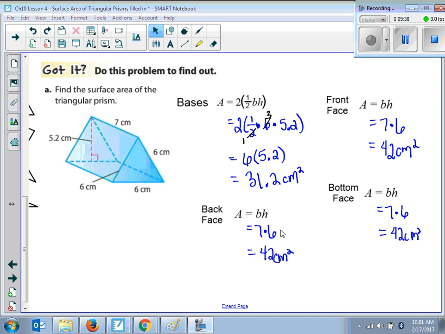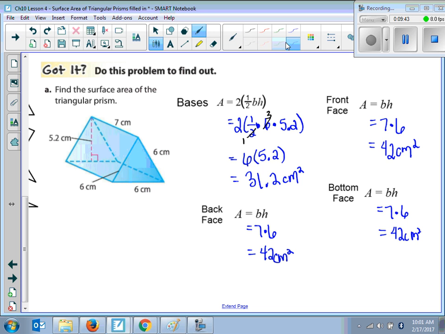All right. So now to get the total surface area, let's write this as surface area, SA, is equal to, what are we adding? Right, so we're going to add the two bases, which is 31.2, and then the three faces. And just like you said, could I just do 42 times 3?